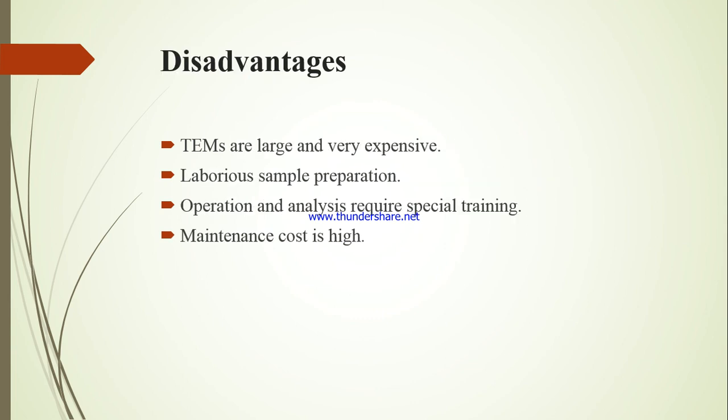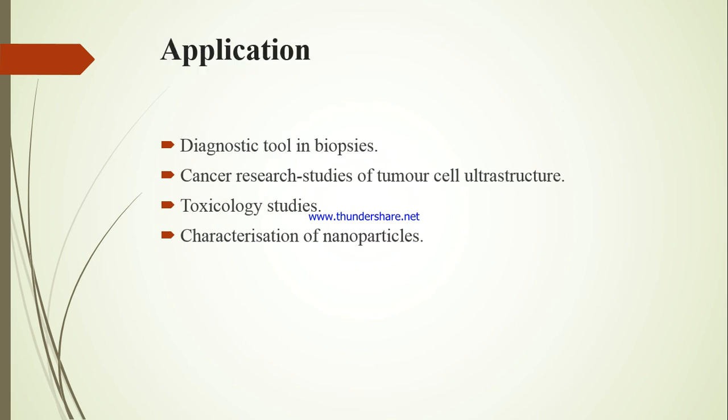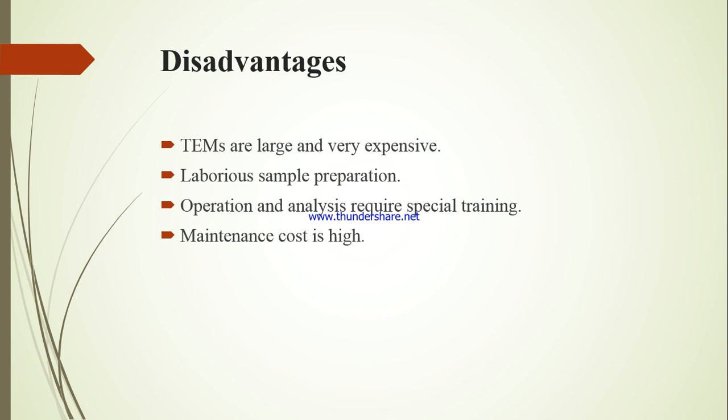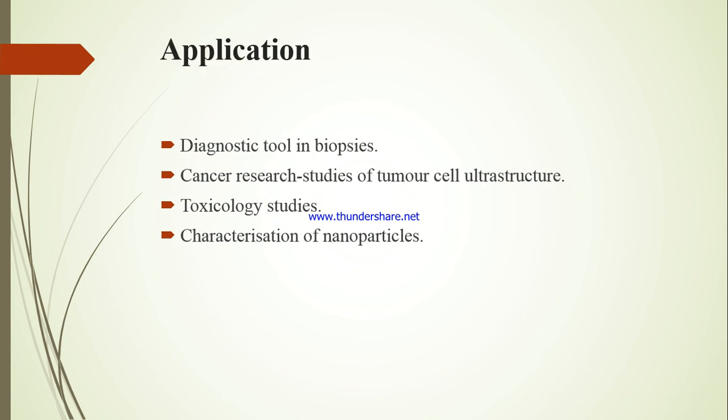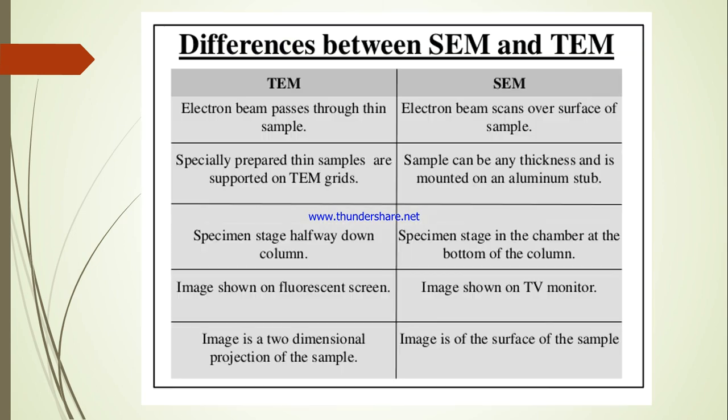The disadvantages are that it is large and very expensive, sample preparation is laborious, operation and analysis require special training, and maintenance cost is high, like the scanning electron microscope. Applications of the transmission electron microscope are in biopsies, cancer research studies, toxicological studies and nanoparticle characterization studies.